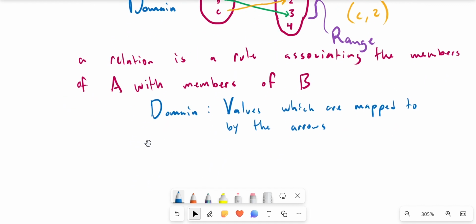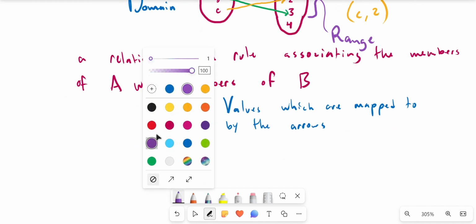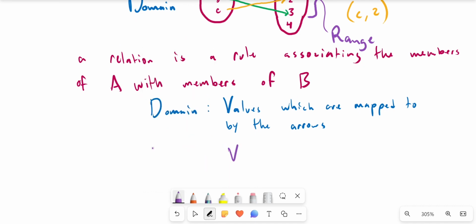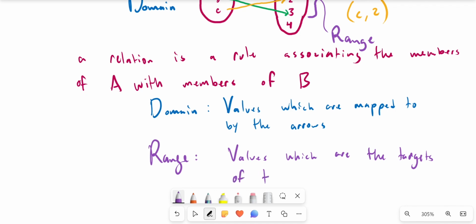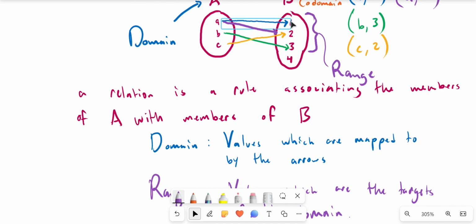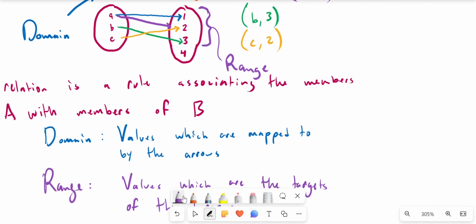And the range are the values that the first values are mapped to. So we'll say the values which are the targets of the domain. So we think about the input as being the domain and the output values which get hit as being the range.